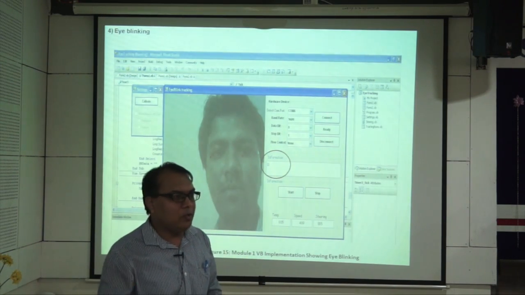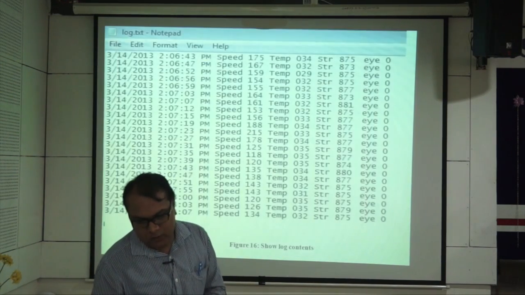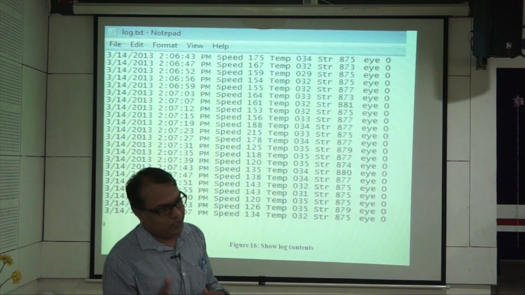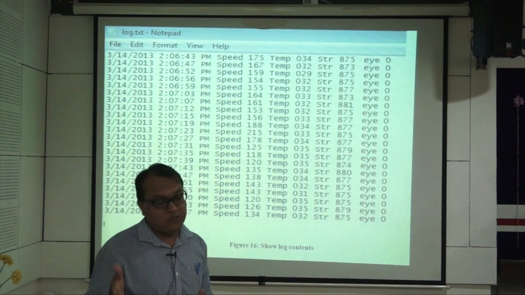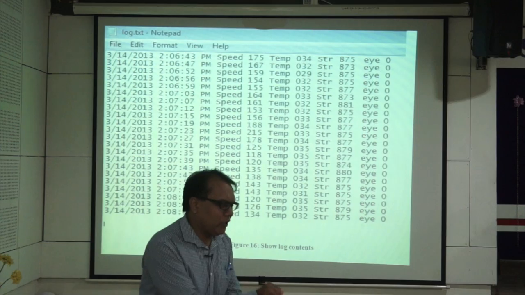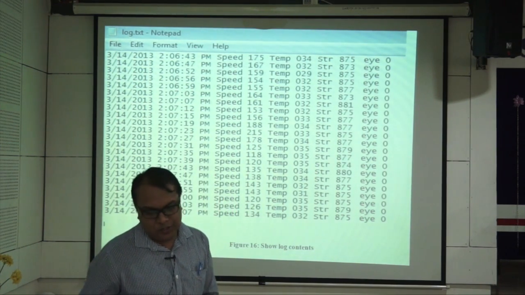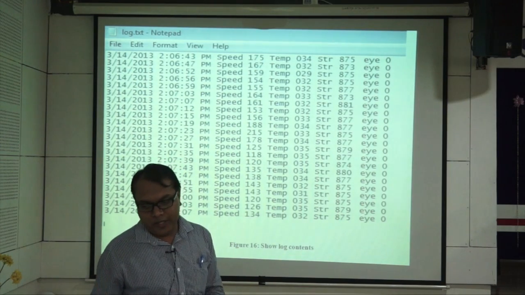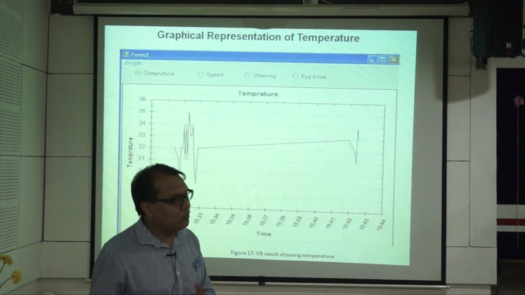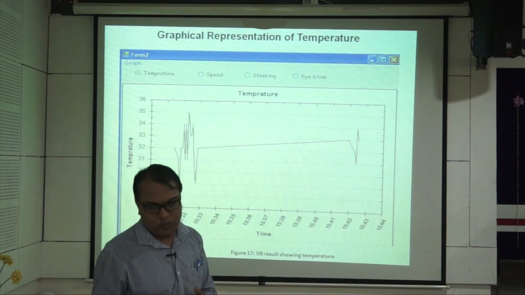All this data is saved in a log file. The log file has the date, time, and speed, which depends only on the potentiometer and is not exactly real-time speed, plus temperature sensor, steering angle and eye blinking movement. Depending on that, a Visual Basic graph is also produced.